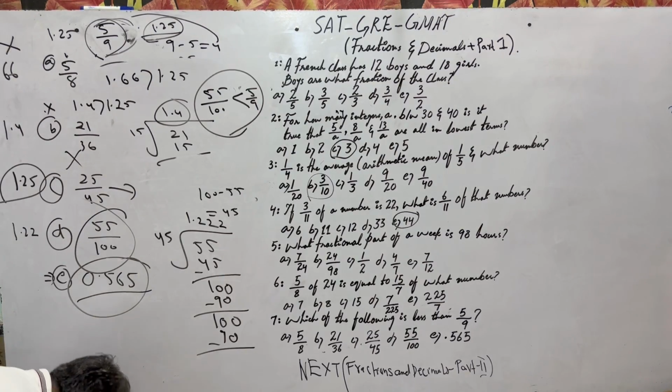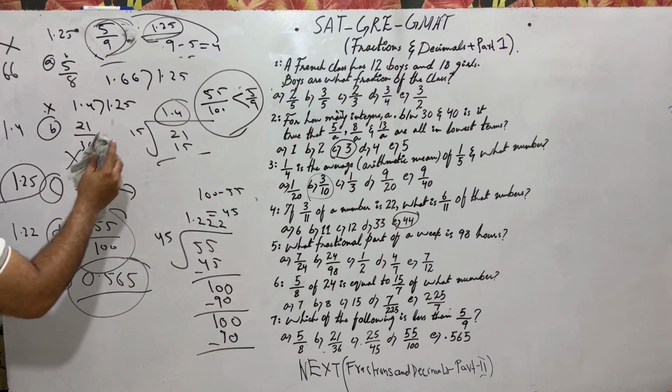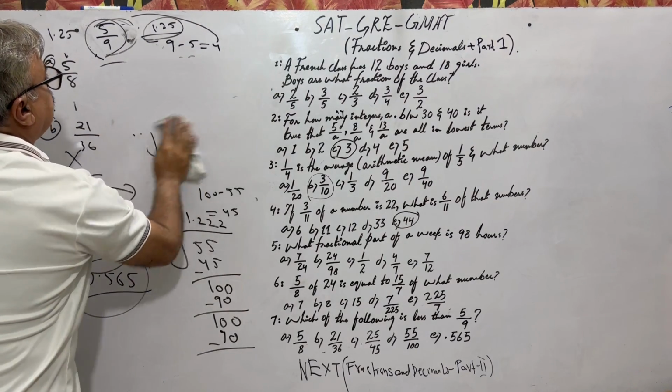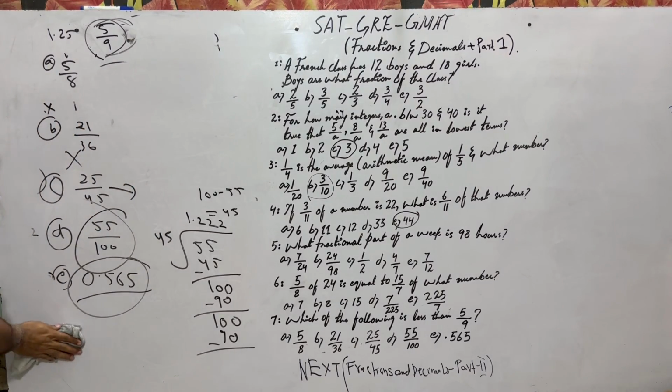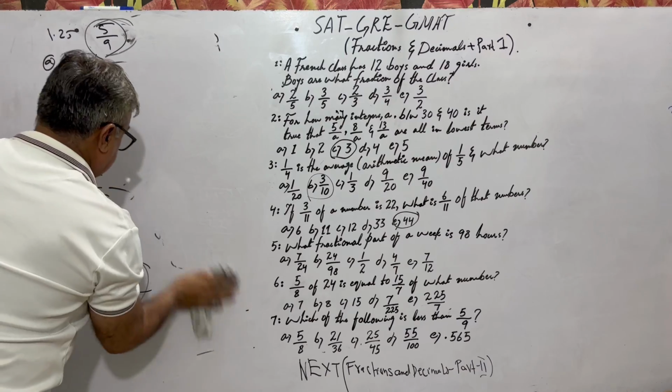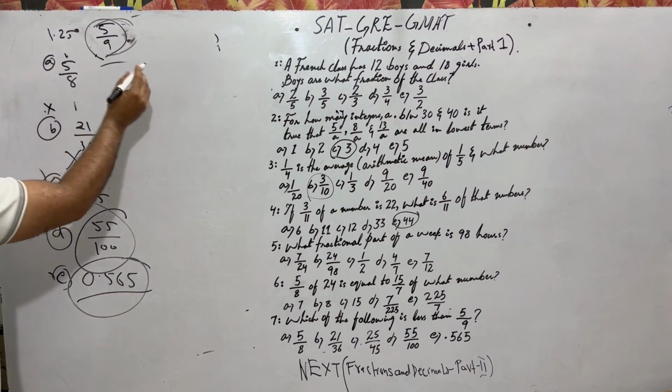Let me elaborate this thing once again to you in order to give you some familiarity with this. Take 5 over 9.